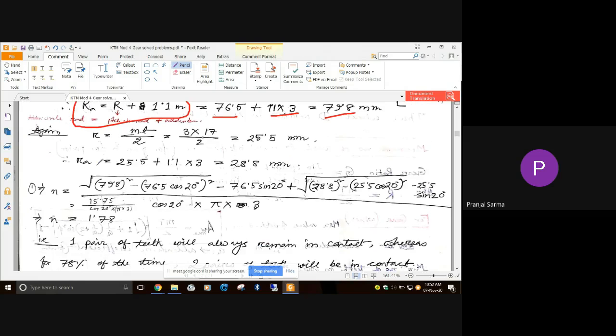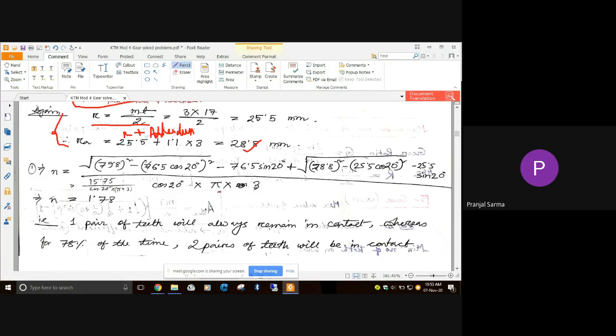Similar is the case for your pinion: R is mt by 2, and we'll be using the corresponding teeth value we have just found out. Similarly Ra is nothing but the pitch radius plus the addendum. So we'll get some value, and after that we put these values in the known expression, and we have found n to be 1.78.